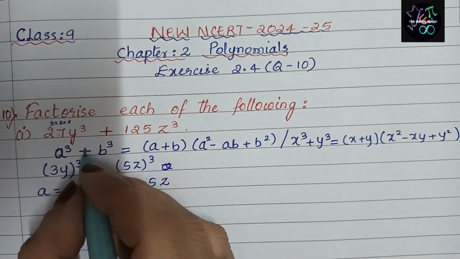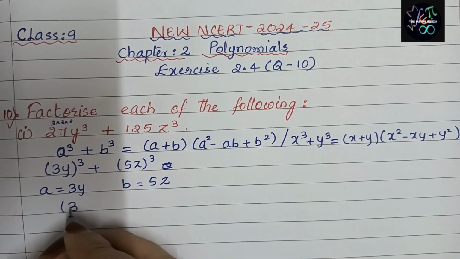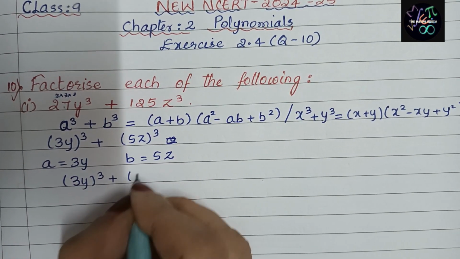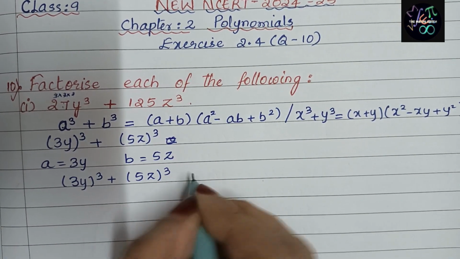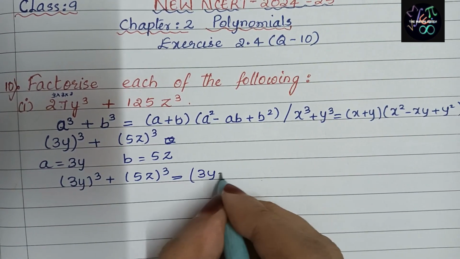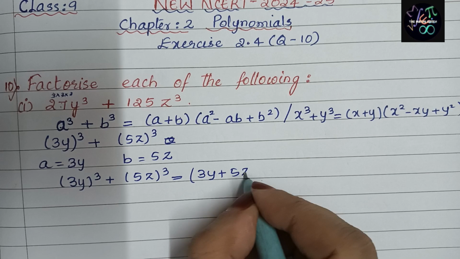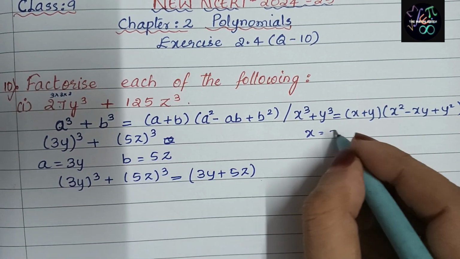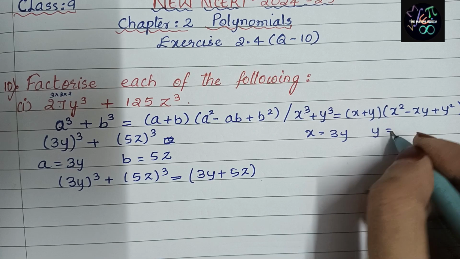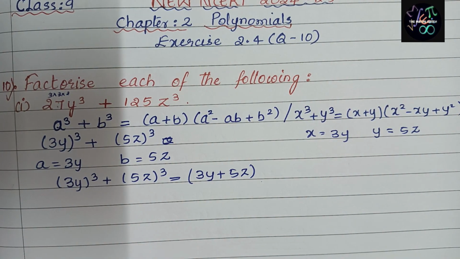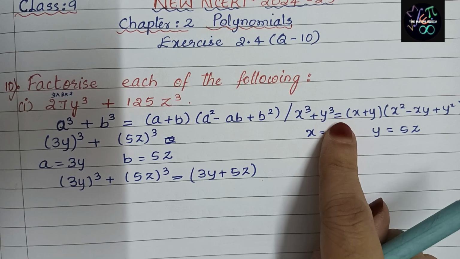So a cube plus b cube, that is 3y cube plus 5z cube, is equal to a plus b. A value is 3y plus b value is 5z, or if you want you can write x value is 3y, y value is 5z. Don't confuse with a and b. We can write either a, b or x, y.